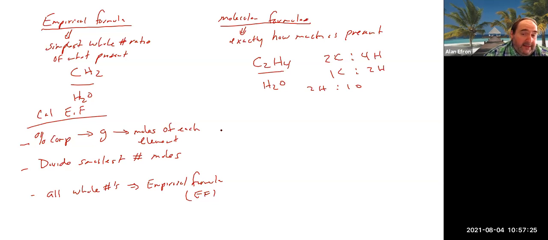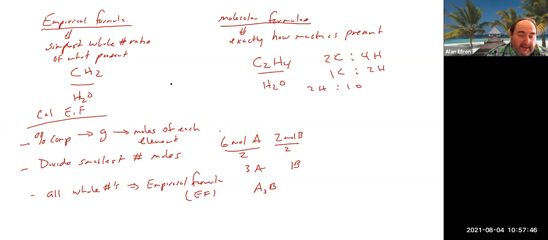Remember, though, that if you divide and you don't hit whole numbers, so for example, if we converted and got 6 moles of A and 2 moles of B, we would divide by 2 in each of these cases, which gives us 3A and 1B. That would be an empirical formula A3B.